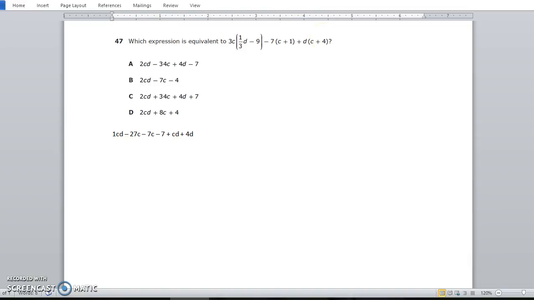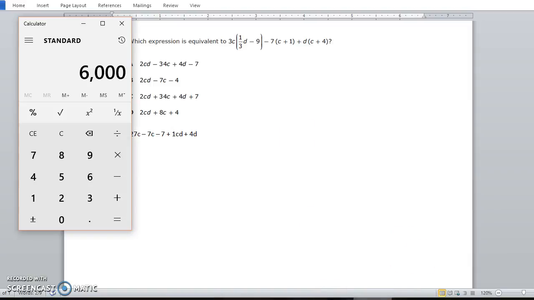Alright, so now we've got to start combining our like terms here. The first thing I see is 1 cd, and this is really an invisible 1 cd, a positive 1 cd, and a positive 1 cd gives me a positive 2cd. Then I see a negative 27c and a negative 7c.